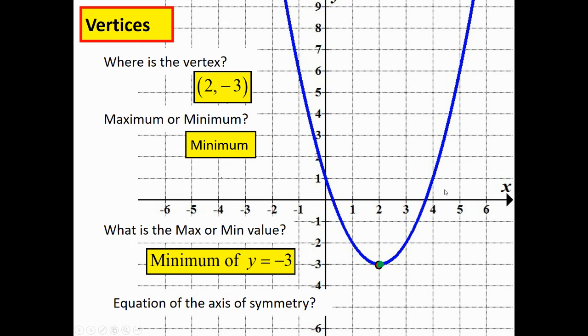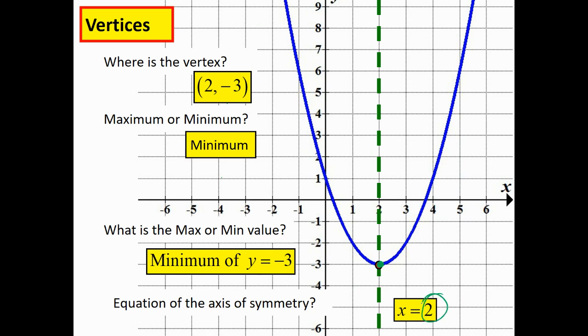Now here's the one you guys probably don't know, so I'm just going to show it to you. What is the equation of the axis of symmetry? So if you did draw the dotted line like you see on the screen, it's an invisible line. It's not really part of the parabola, but it helps us out a lot, and it always goes through the vertex, right? And so I want you to notice something that's going to be key coming up.